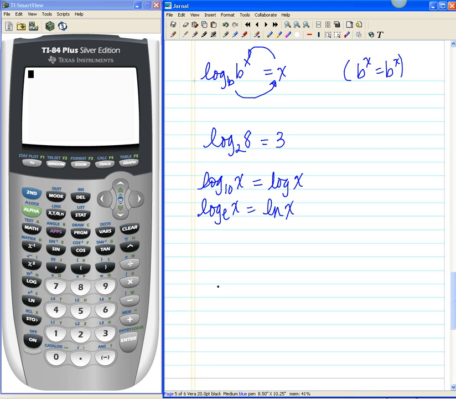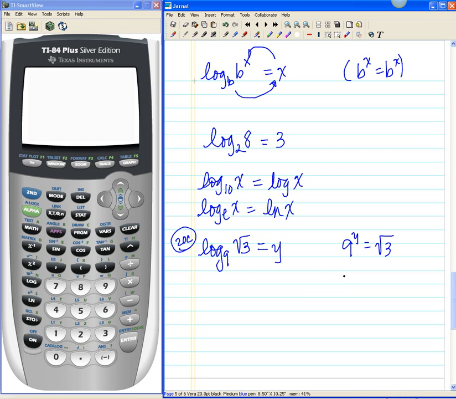So if I wanted to evaluate, let me do one more. Log base 9 of the square root of 3. Let's call it y. This is actually number 20, part C. I'm asking myself 9 to what power is equal to the square root of 3. So one way to do this is to get 9 and the square root of 3 in the same base.